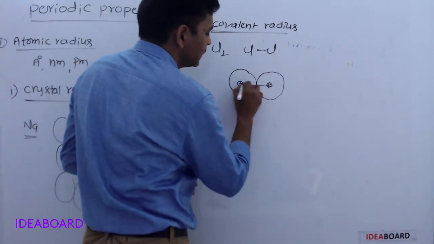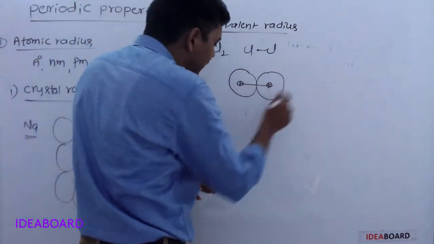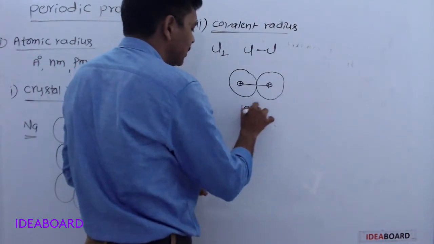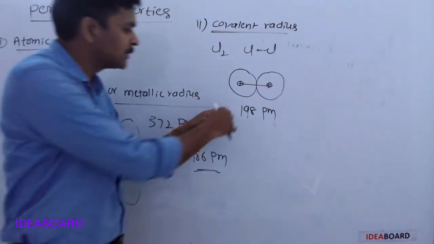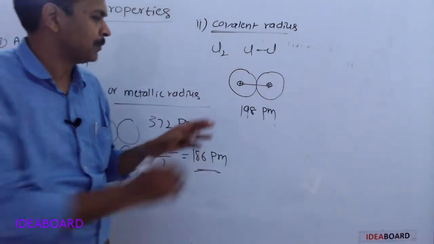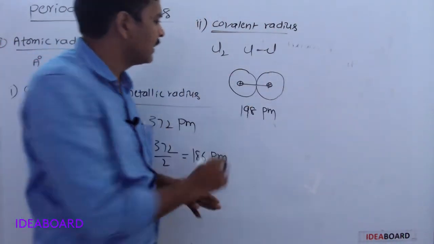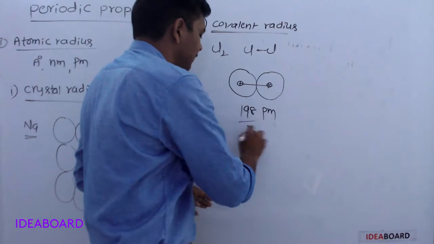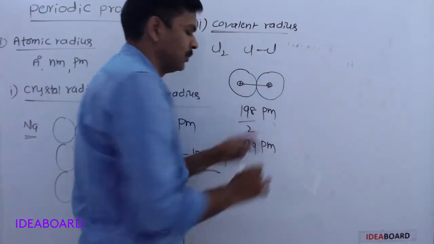So this distance is nothing but internuclear distance. This internuclear distance is 198 picometers. See, these values you should remember, experimentally determined values. In chlorine molecule, this internuclear distance is 198 picometers. Then covalent radius of chlorine is half of this, that means 99 picometers.